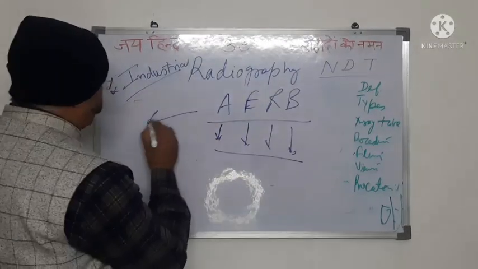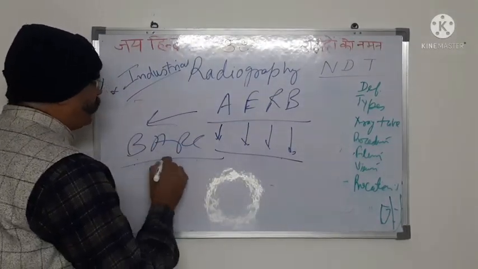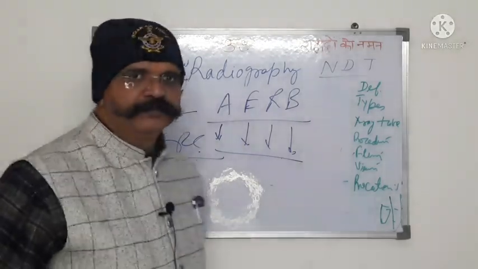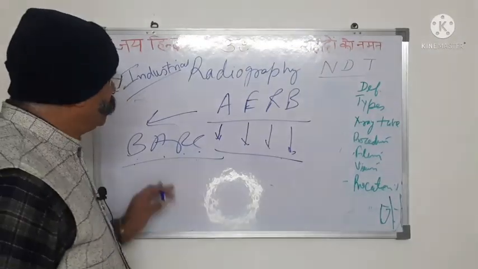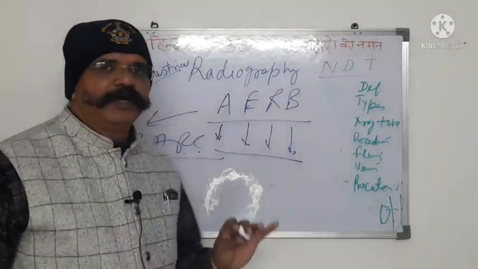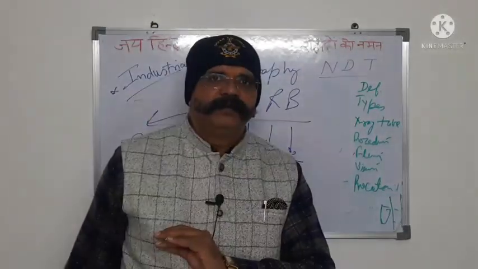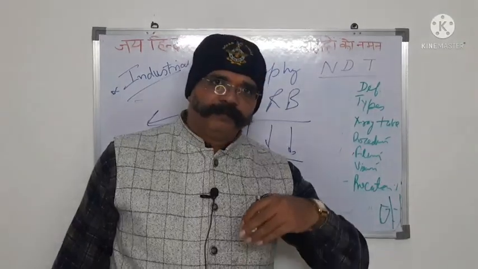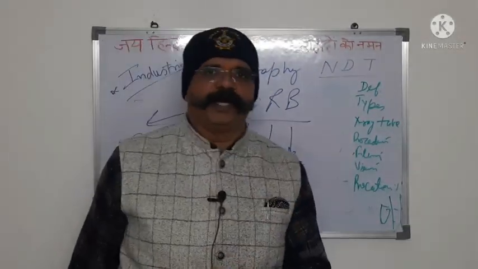This works as per the guidelines of BARC. You might have heard, Bhabha Atomic Research Centre, which deals with all these nuclear radiations. So these two agencies give sufficient guidelines to the X-ray operators, especially in the field of industrial radiography and also in the field of medical radiography.